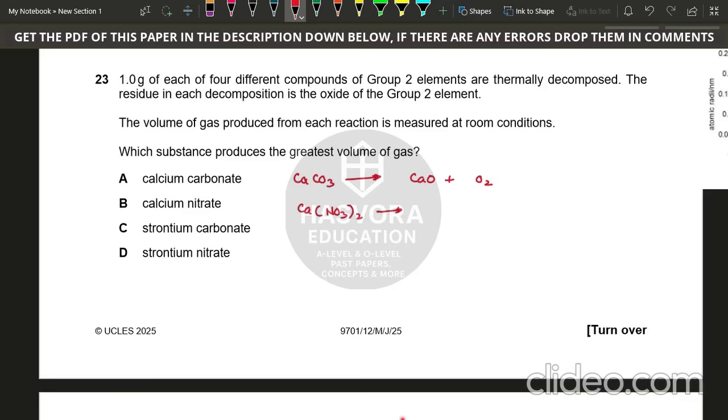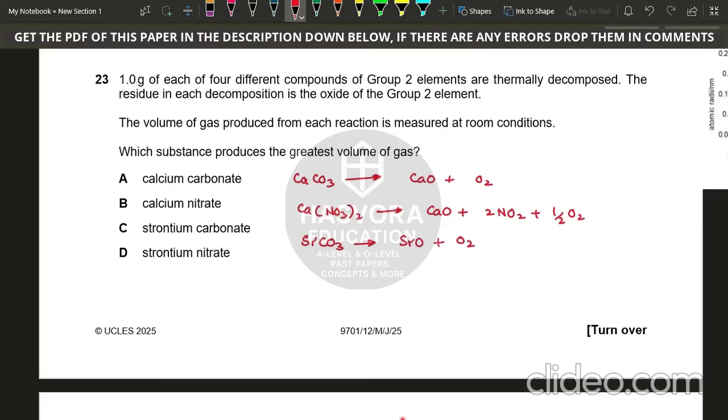It will decompose to form calcium oxide plus 2NO2 plus half oxygen. Okay, I have already balanced this equation. And then we will have strontium carbonate, SrCO3, and it will also give you strontium oxide plus oxygen.